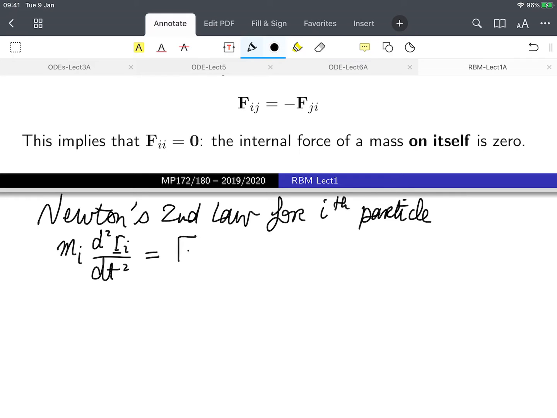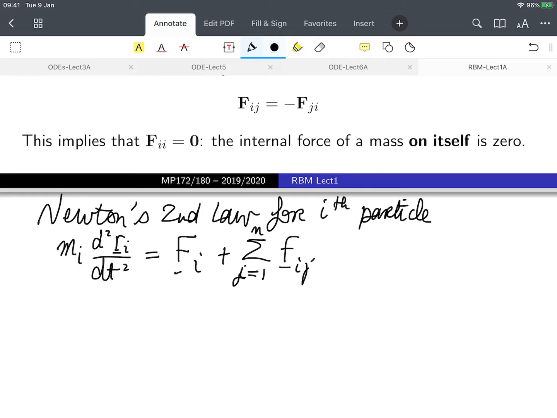So it's going to be the external force, Fi, and then there's going to be the sum of all the internal forces, right? Remembering that Fii is 0. All the other particles exert internal forces on i. Okay?